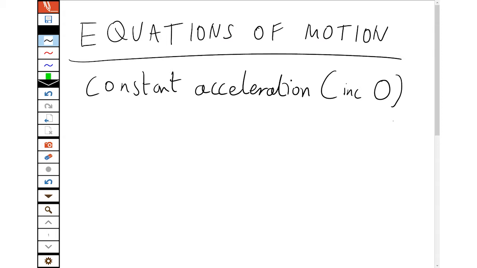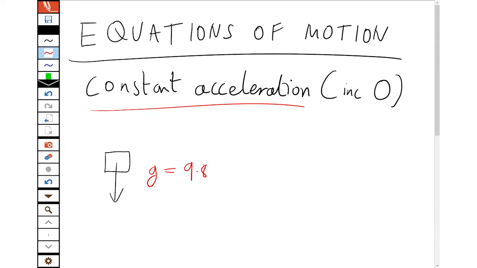Well, oftentimes you'll just be told directly in the text of the problem that things are moving with constant acceleration. Another type of problem is if something's in free fall. We know its acceleration is the acceleration due to gravity, 9.8 meters per second squared down.